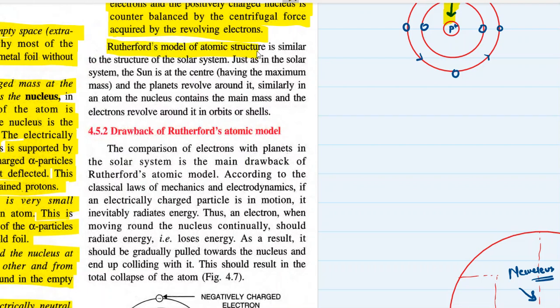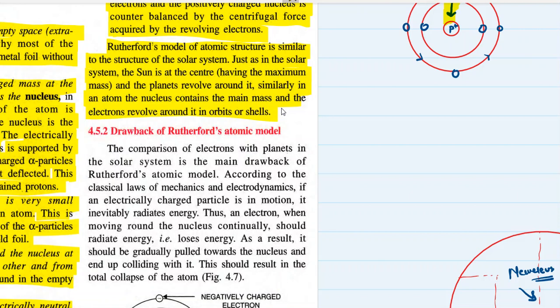Now, Rutherford's model of atomic structure is similar to the structure of the solar system. Just as in the solar system, the sun is at the center having maximum mass and the planets revolve around it, similarly, in an atom, the nucleus contains the main mass and the electrons revolve around it in orbits or shells. Right?